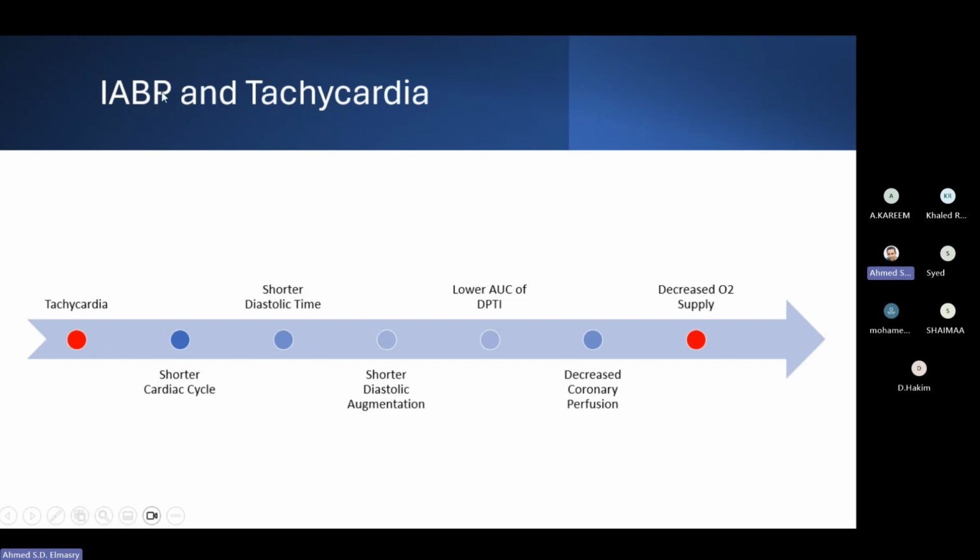So if you have tachycardia with an intra-aortic balloon, you will get suboptimal coronary perfusion and decreased oxygen supply, and also suboptimal diastolic augmentation, and you will also have a hemodynamic effect.